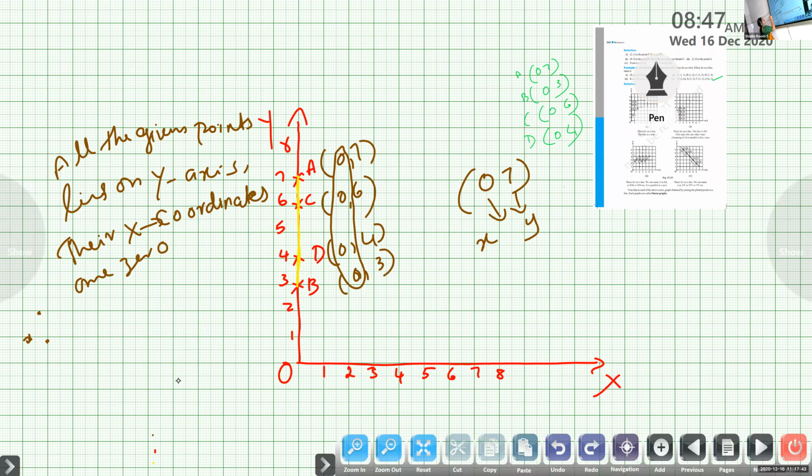And put this in a cloud. Highlight this sentence, because whenever you are passing through this section, you must read. So for that, highlight that point. For all points on the y-axis, the x coordinate is 0. Very, very important point.